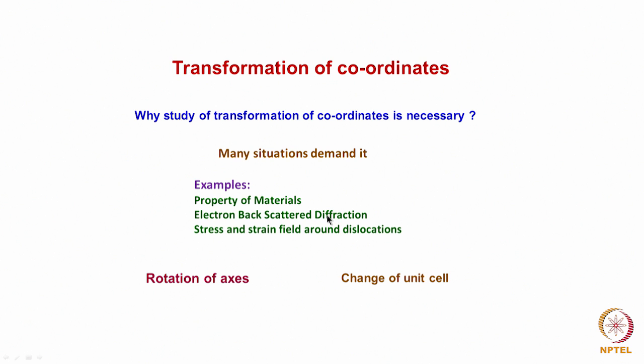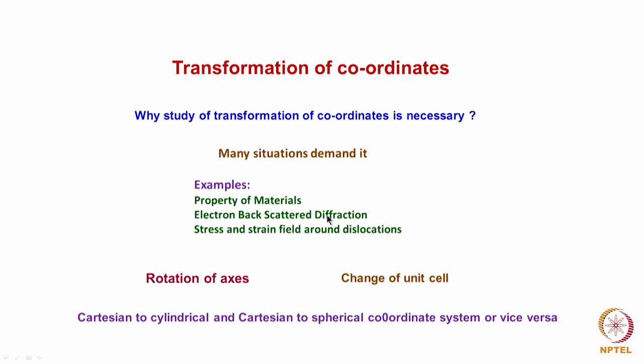So what we will consider in this class is, if you look at it like this, two Cartesian systems. One is a rotation of axes which is necessary to go from one to the other, correct? Then another is that the unit cell dimensions itself might have changed.